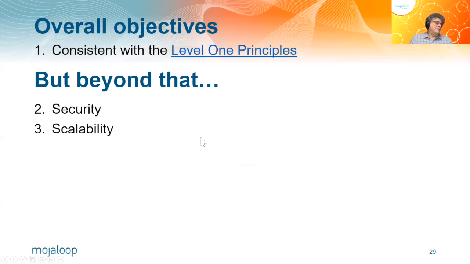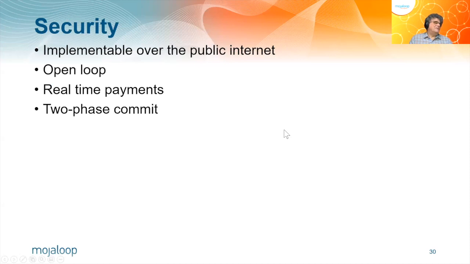Beyond that, we think that most of the design principles have to do with two main areas. One is security, and one is scalability. I'm going to ask James to join me in a bit of a discussion on these. So security. First of all, we need this platform to be something which can be implemented over the public internet, and particularly something which doesn't require extremely expensive point-to-point communications in order to operate.